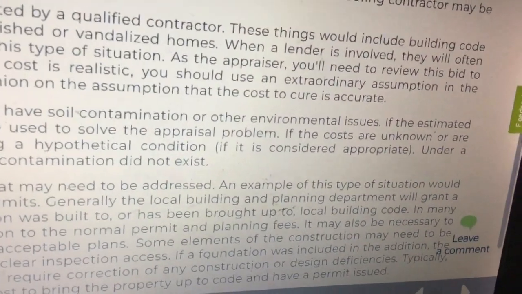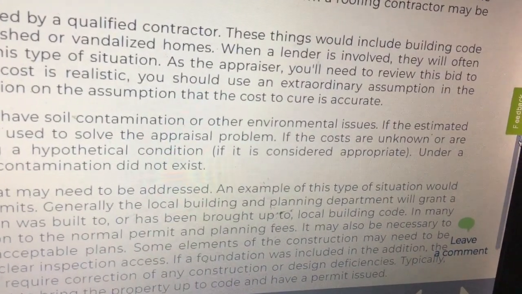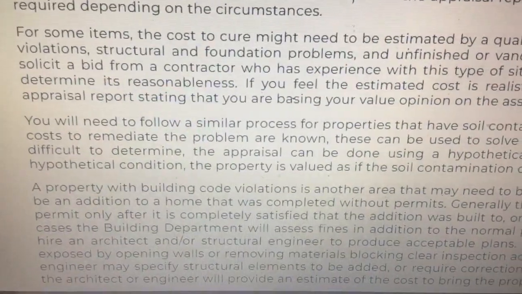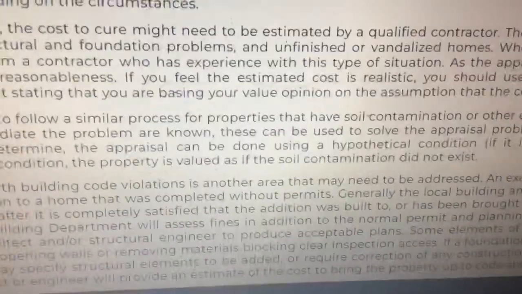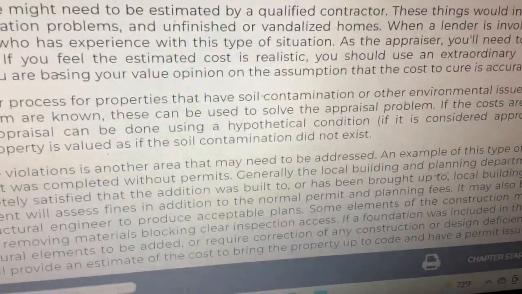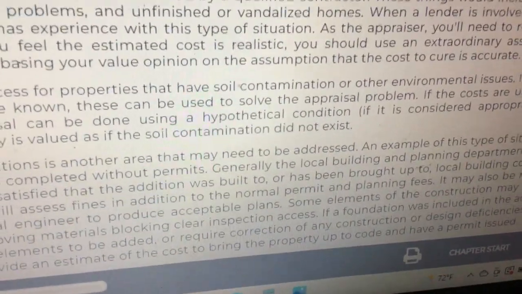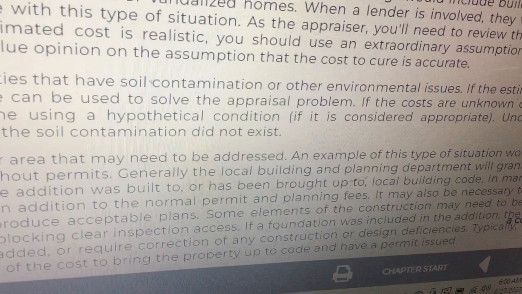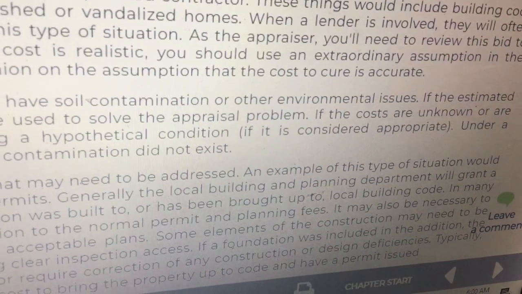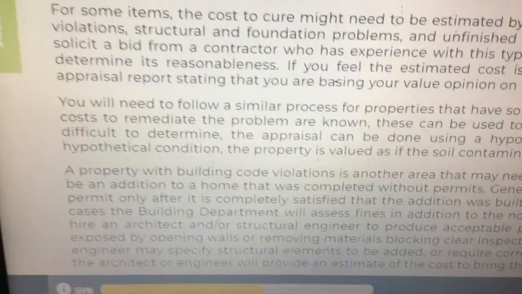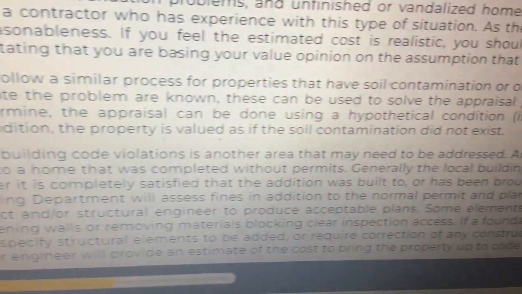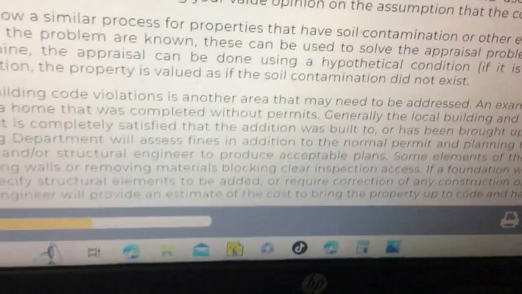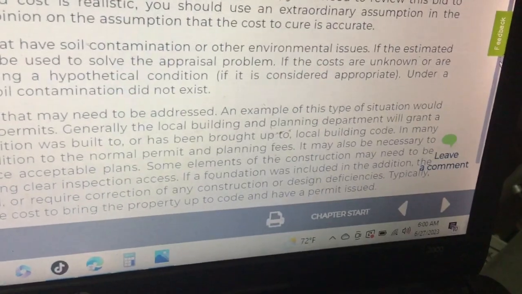If a foundation was included in the addition, the engineer may specify structural elements to be added or require correction of any construction or design deficiencies. Typically, the architect or engineer will provide an estimate of the cost to bring the property up to code and have a permit issued.